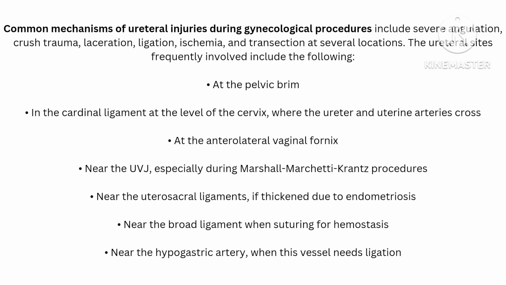The ureteral sites frequently involved include the following: at the pelvic brim, in the cardinal ligament at the level of the cervix, where the ureter and uterine arteries cross, at the anterolateral vaginal fornix, near the UVJ, especially during Marshall-Marchetti-Krantz procedures, near the uterosacral ligaments, if thickened due to endometriosis, near the broad ligament when suturing for hemostasis, near the hypogastric artery, when this vessel needs ligation.